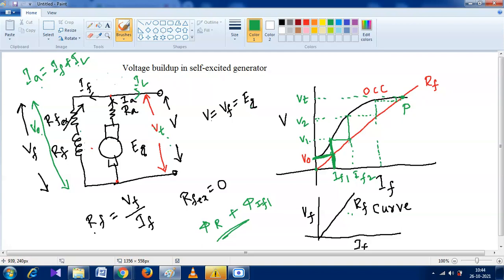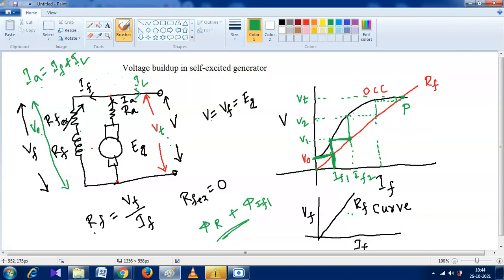Due to V1, how much field current will flow through the field coil? We get it from the field resistance curve: IF2. Due to IF2, how much voltage will generate on the armature? V2. Due to this V2, how much field current will flow?